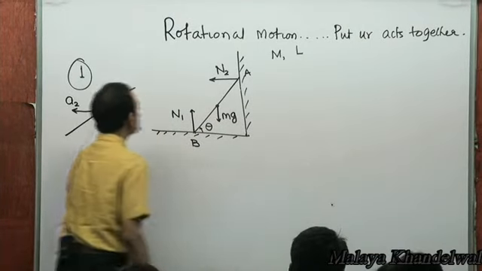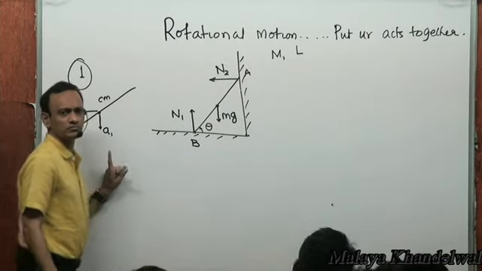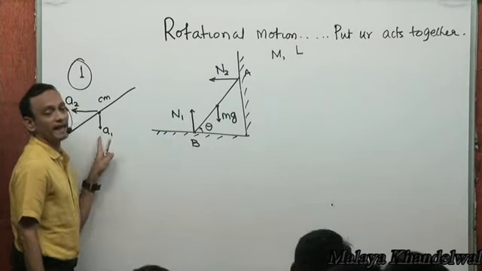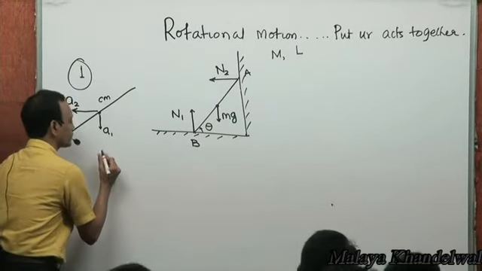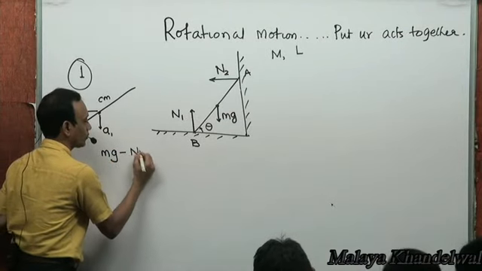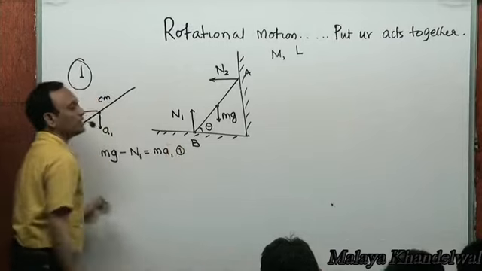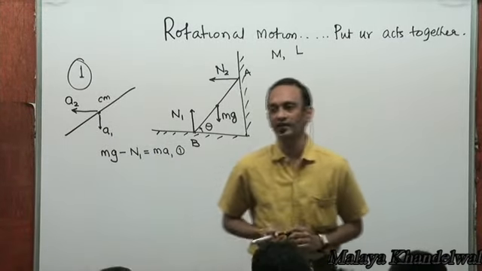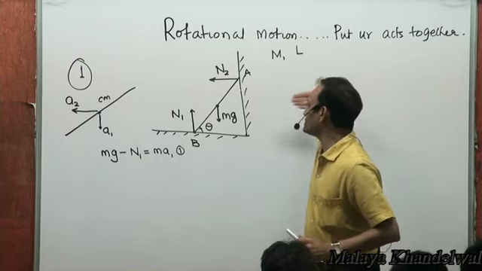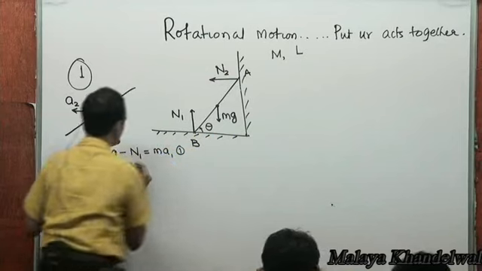Now, what would be the equation of motion in the vertical direction? mg minus N1 is m a1, right? What is the equation of motion in the horizontal direction? N2 equals m a2, right?